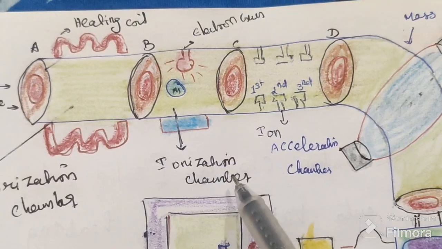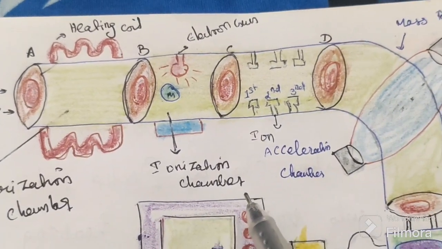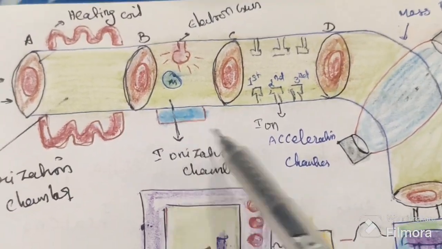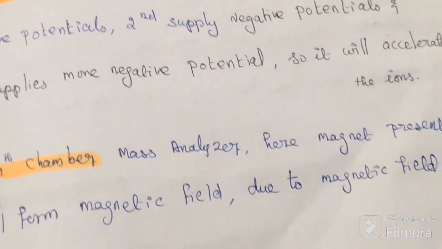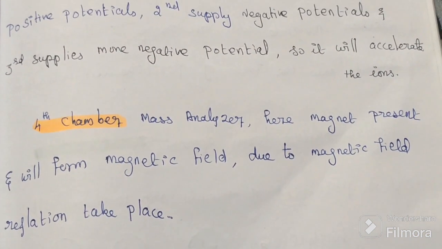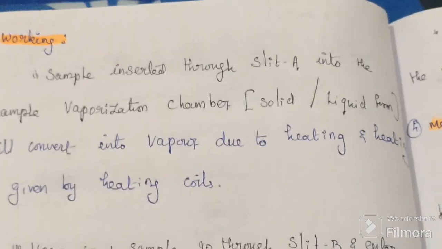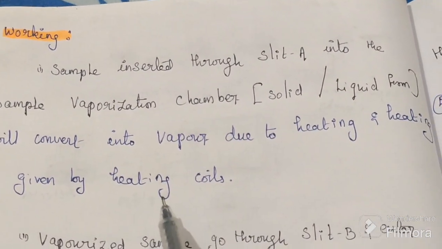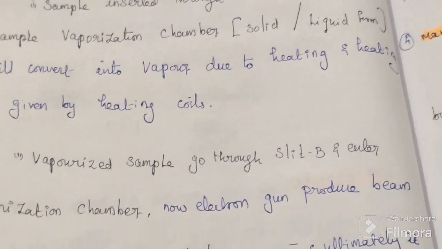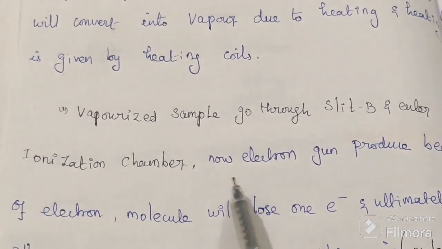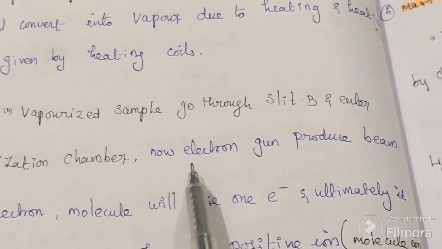The energy of the beam is approximately 70 electron volts. The solid or liquid sample is converted into vaporized form using the heating coil, then enters the ionization chamber.